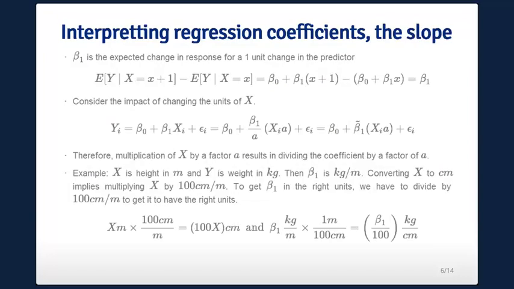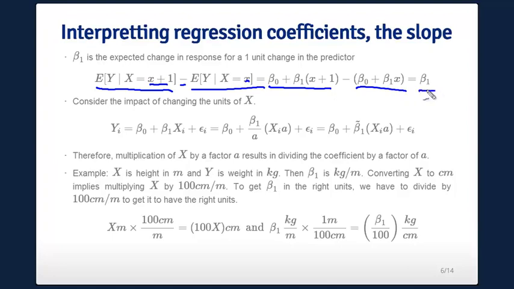Okay, let's talk about interpreting the slope now. Imagine if we took the expected value of y given x took the specific value x plus 1, minus the expected value of y given x took the specific value x. That would be beta naught plus beta 1 times (x plus 1), minus (beta naught plus beta 1 x).